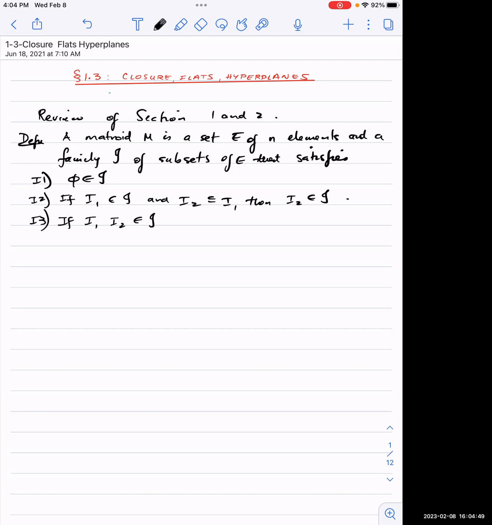If I1 and I2 are independent such that I1 is smaller in size than I2, then there exists e in I2 minus I1 such that I1 union e is in I. That is, you can grow an independent set. And of course, members of I are called independent sets, and these are the independence axioms.